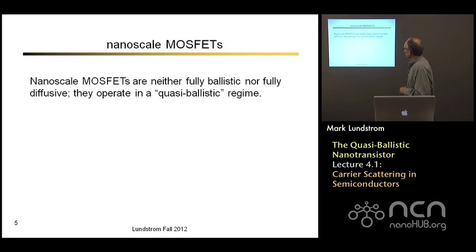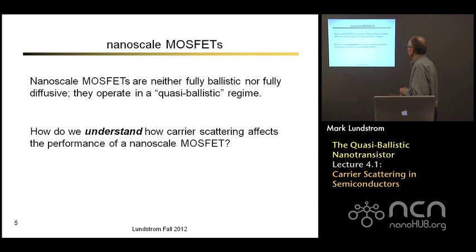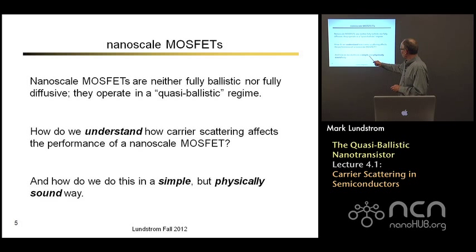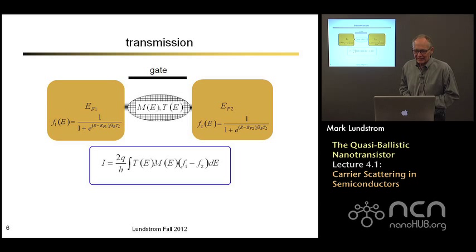Okay, so modern day MOSFETs, nanoscale MOSFETs, they're neither fully ballistic nor are they fully diffusive. They operate in this in-between regime where things can get complicated. And our goal is to understand what's going on and to do it in a way that is simple but makes physical sense. Okay. All right, we're going to be applying this Landauer approach.